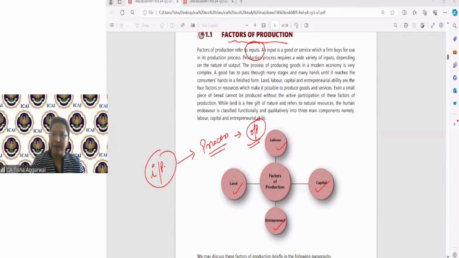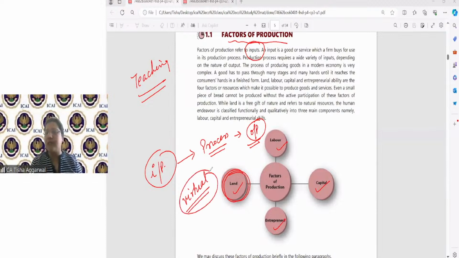What is land? Let's say, for example, I am providing a service to you, and that service is maybe teaching. The first thing is that I require a premise to speak to you. Nowadays, with the virtual mode of doing business or providing goods and services, even the internet is a base, correct?